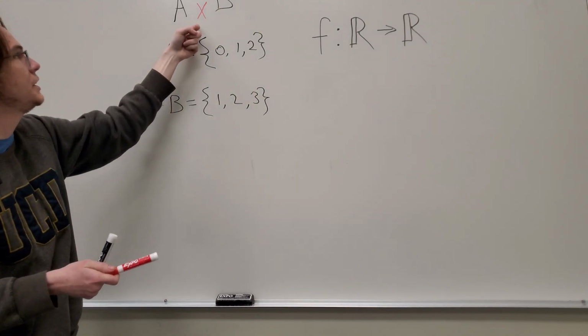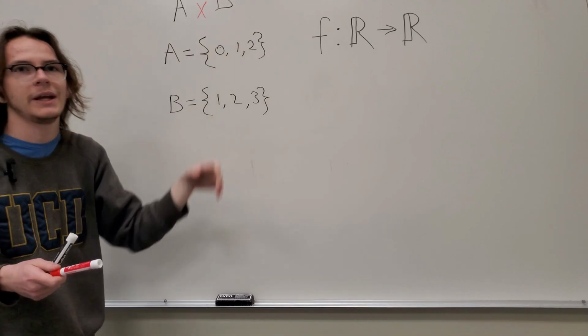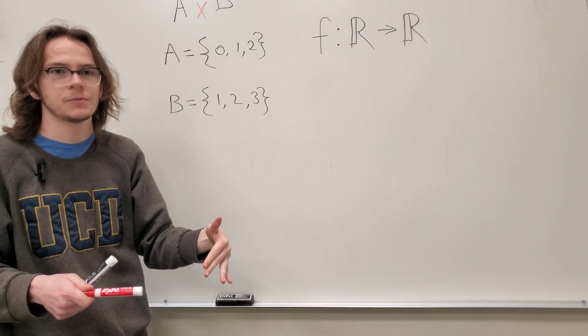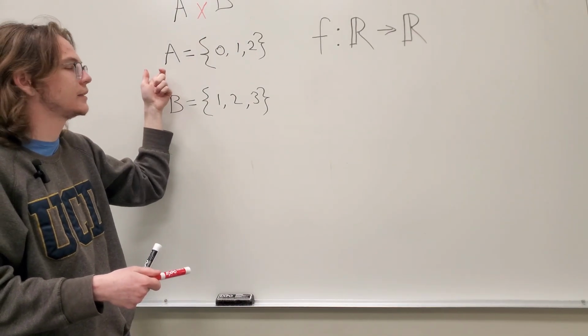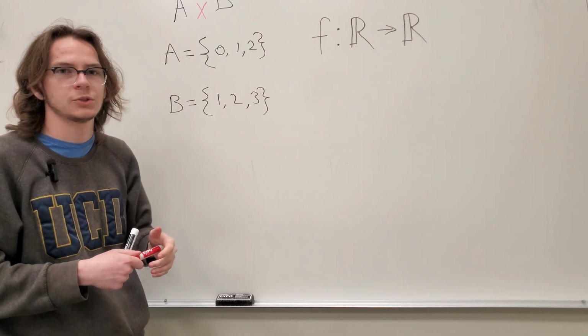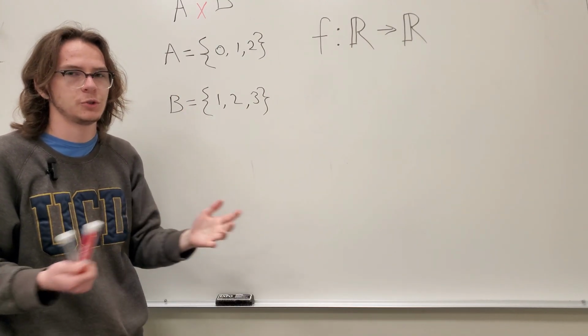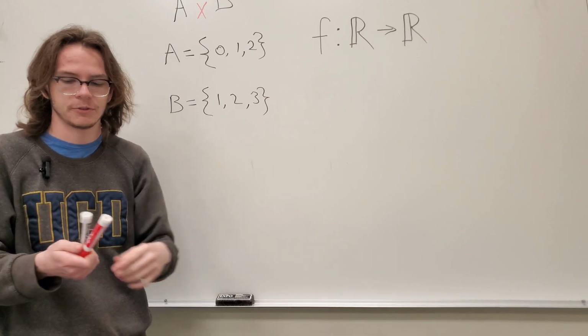Now, what the Cartesian cross here does is it creates a set of tuples of each element in set A crossed with set B. A tuple is just an ordered list of numbers.